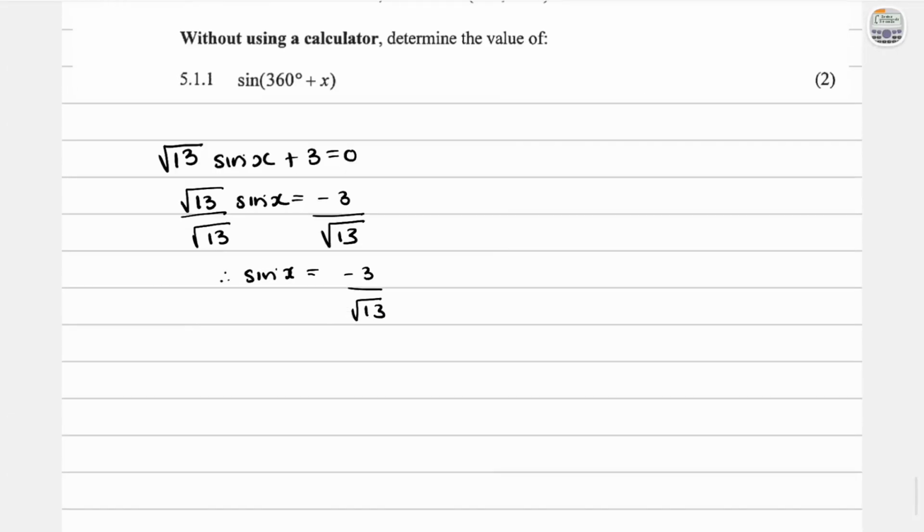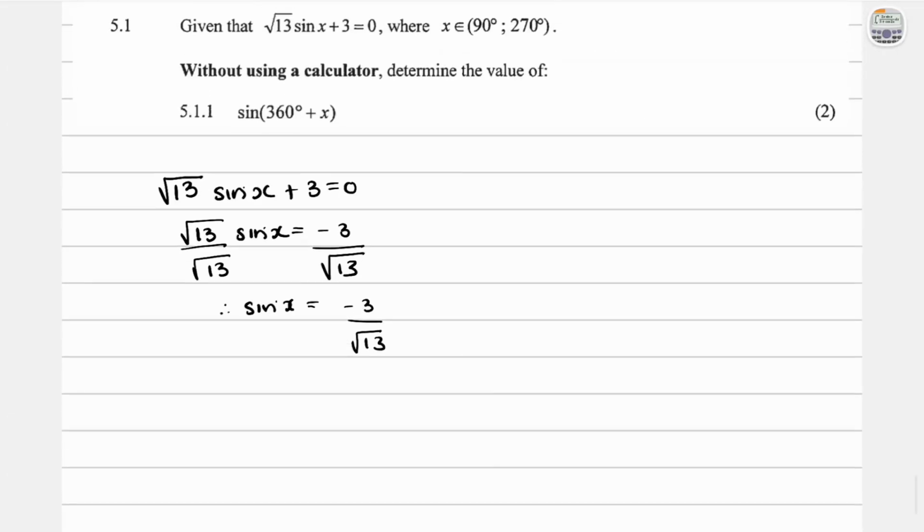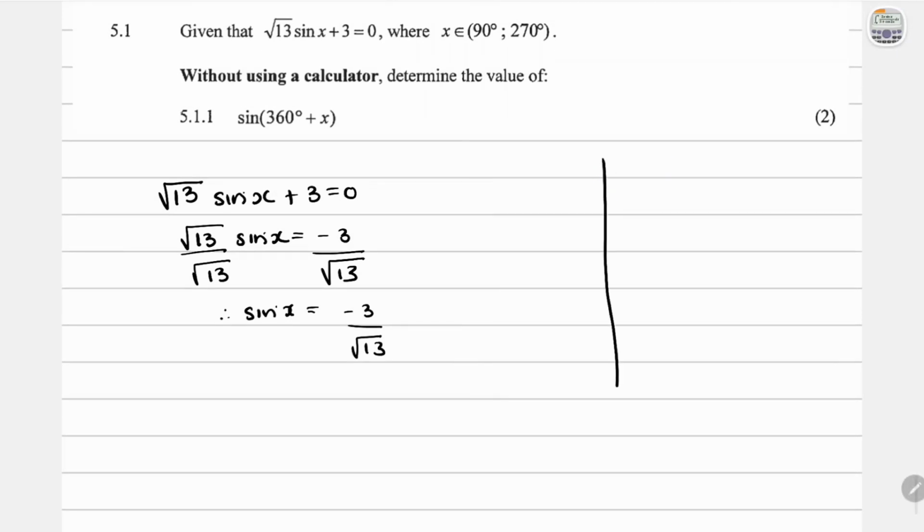Now that we have this, we can use it to draw the diagram. Let's figure out where exactly this terminal arm is going to lie. We are told that sine x is equal to negative 3 over the square root of 13. So sine is negative. Think about the quadrants where sine will be negative. This is where All is positive, and then S, T, and C. The places where sine is negative would be in tan and cos.